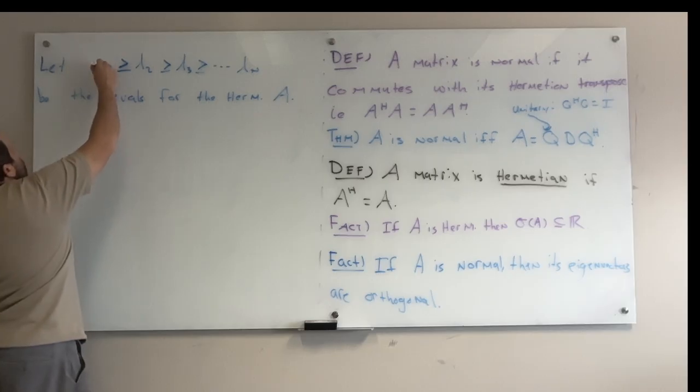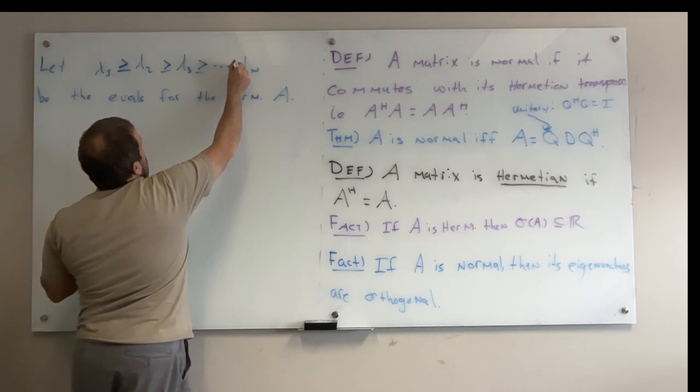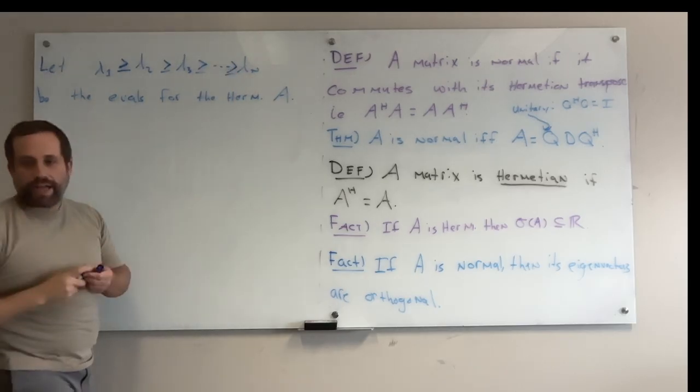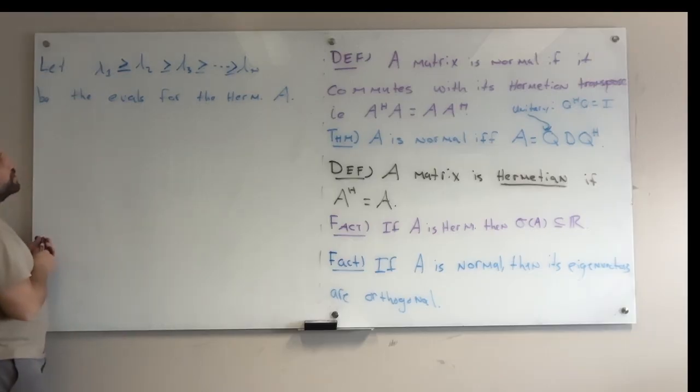So we could have repeated eigenvalues here. But since A is Hermitian, we know that all of the eigenvectors are orthogonal to each other. So let those be the eigenvalues for the Hermitian matrix A.